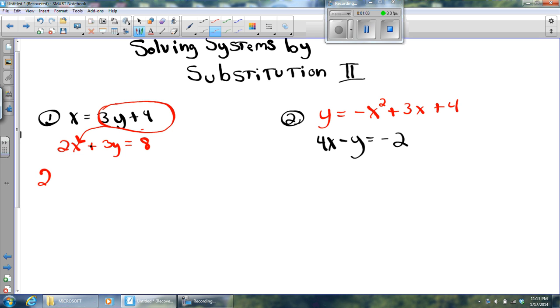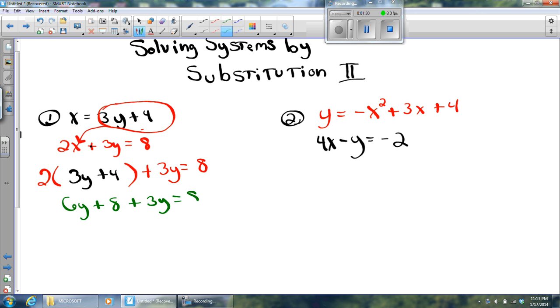So we're going to do 2 times the quantity of, and inside there we'll write the 3y plus 4, and then we will finish the equation, which is plus 3y equal to 8. Now we'll do our distribution and get a 6y plus 8 plus a 3y. That will equal 8.